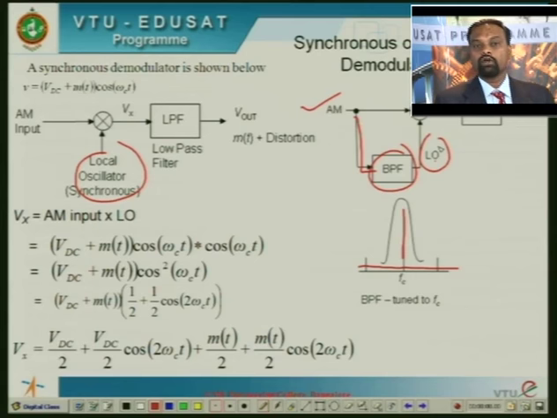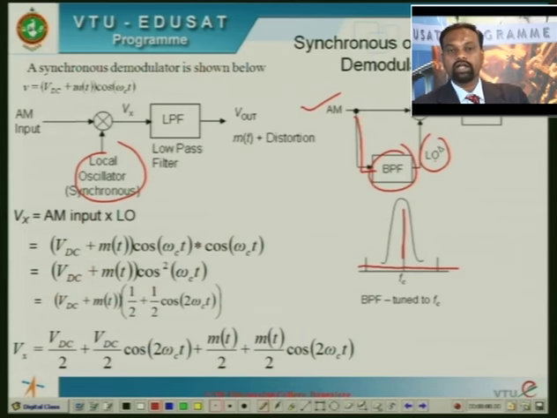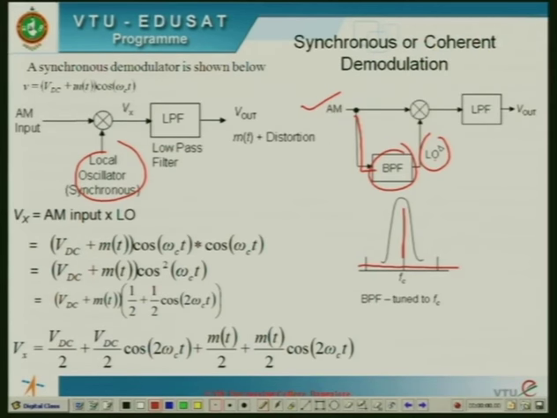And that is why we call it synchronous or coherent demodulation technique. The reason it is called synchronous is because the local oscillator frequency at the receiver is synchronized with respect to the AM signal, and that synchronization is achieved by using a band pass filter.